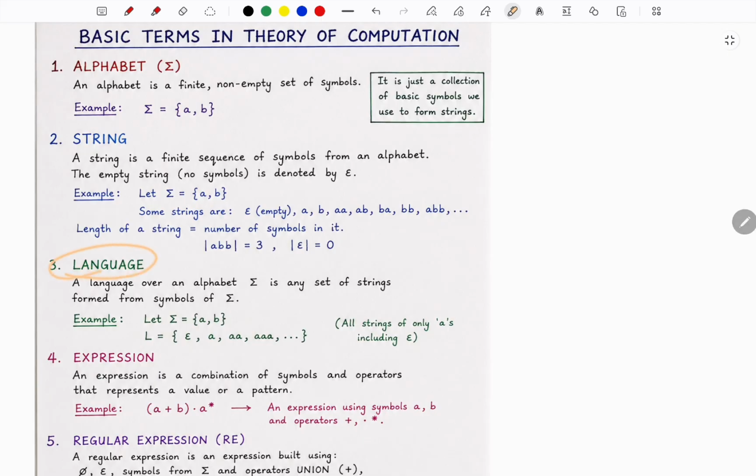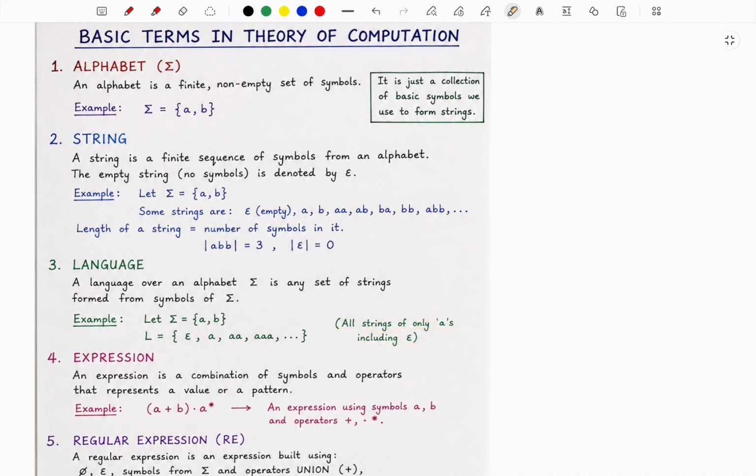What is language? Language is a set of strings over an alphabet sigma, which is formed from symbols of sigma. Suppose sigma is the set A, B, then language can be epsilon, A, AA, triple A. Then this language can be called all strings of only A's including epsilon.